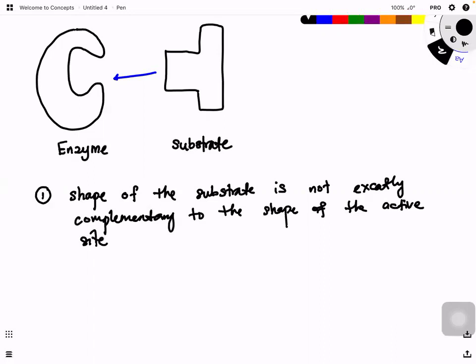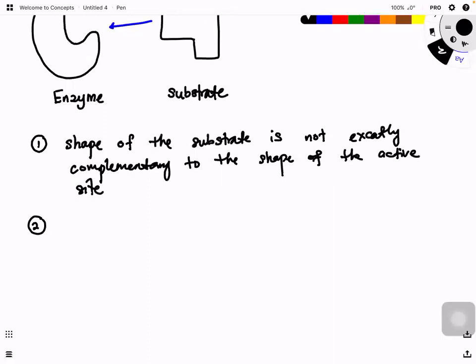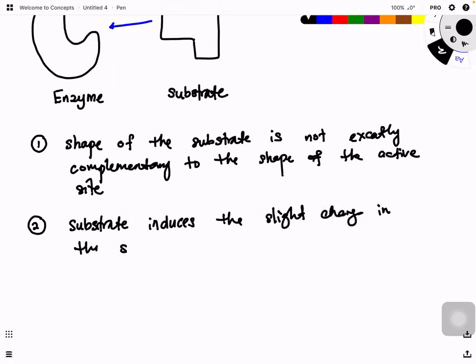You have to mention, okay, because you already observe it, right? It's not complementary, right? You can see the shape. But what the substrate can do here is, so substrates can induce the slight change in the shape of the active sites.